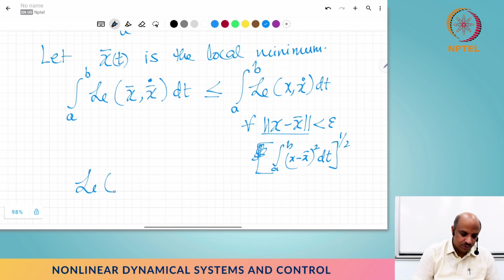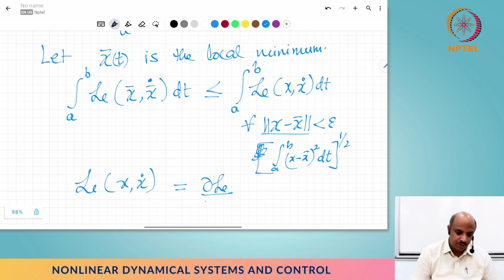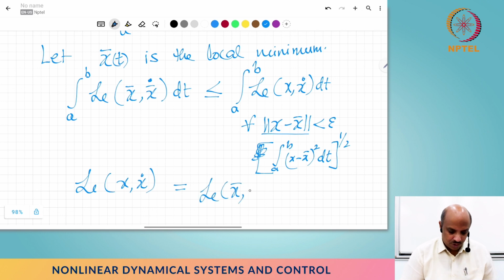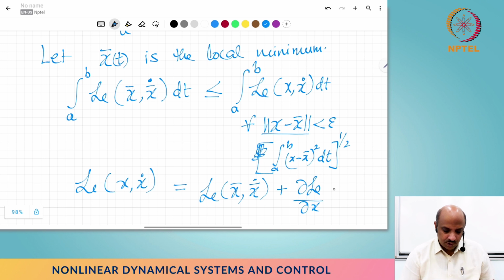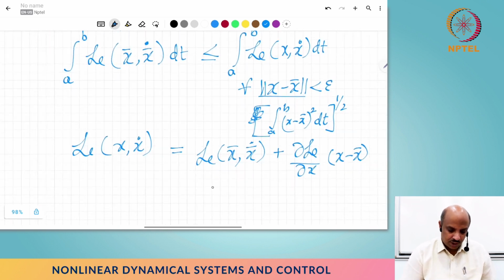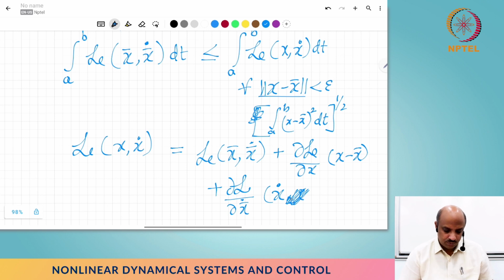So when I approximate this with Taylor series, I'm going to get something like L of x bar comma x bar dot plus partial of L with respect to x times x minus x bar plus partial of L with respect to x dot, evaluated at x bar comma x bar dot, times x dot minus x bar dot, plus higher order terms.